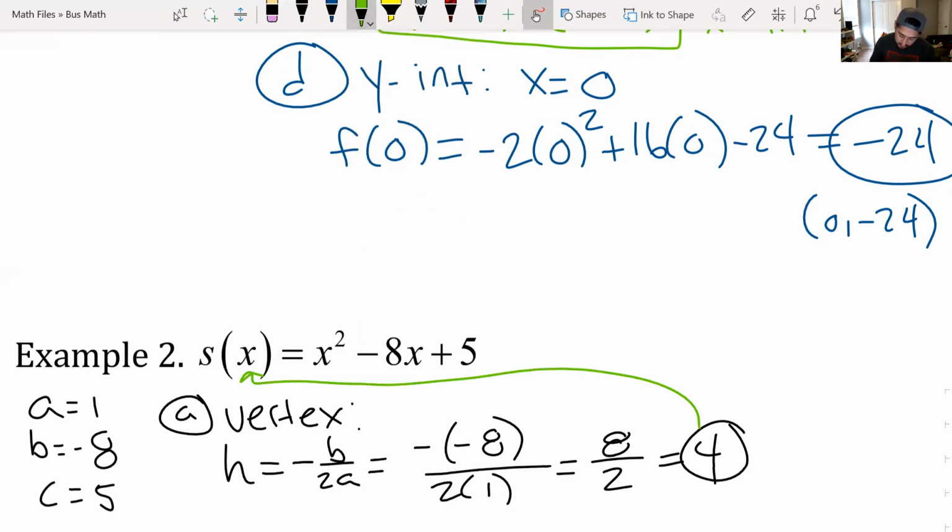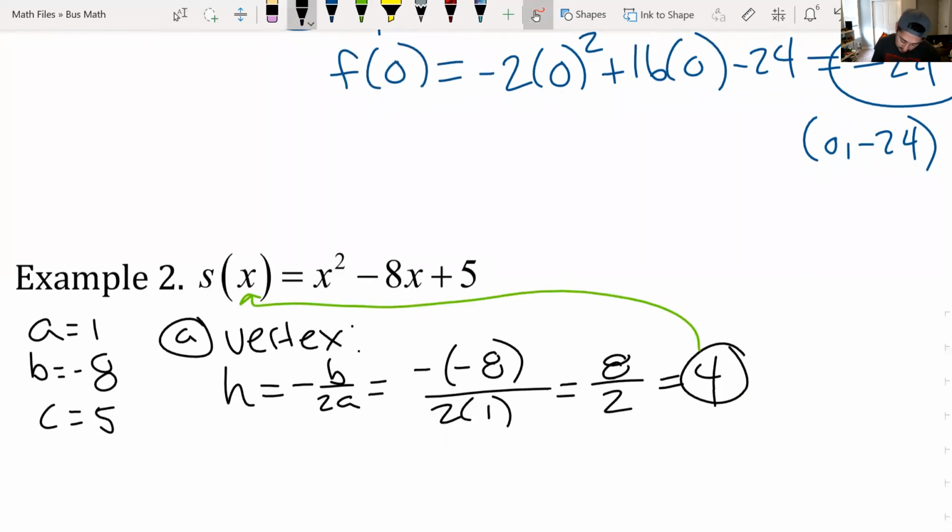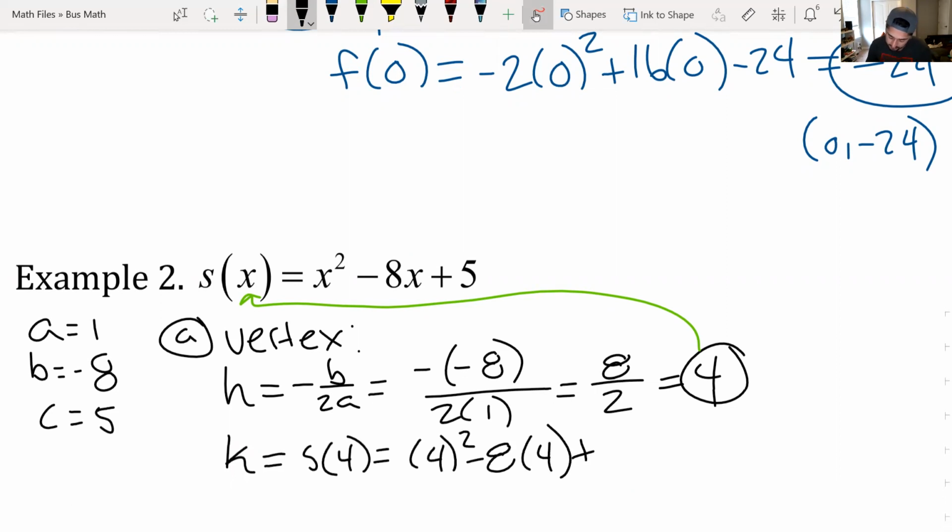Remember to get your K value, plug it in to the x. K is going to be f of 4. So 4 squared minus 8 times 4 plus 5.